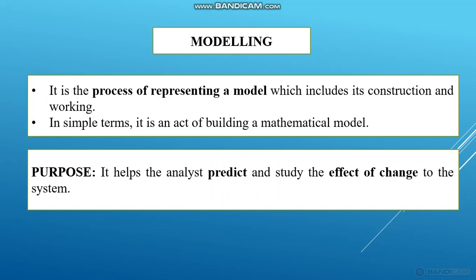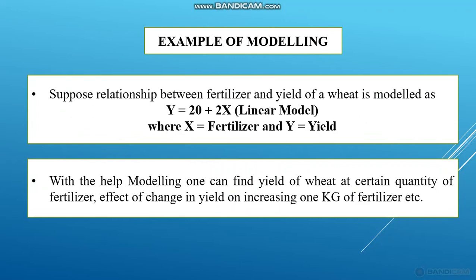It helps the analyst to predict and study the effect of change to the system. By using modeling we can study the effect of change to the system, and we can also predict the changes with the help of the model. For example, suppose the relationship between fertilizer and yield of wheat is modeled as y equals 20 plus 2x.